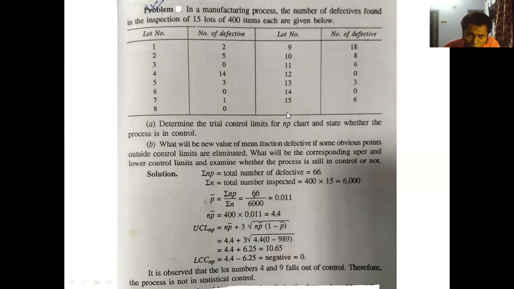That means all the 15 lots contain the same 400 items. In each and every lot, 400 items are there. So that's why, for a constant subgroup size, they have used the NP chart here.